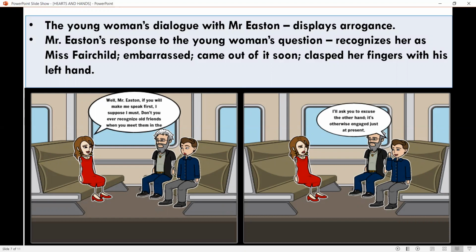But the next moment itself, he just shed it off. He threw it off instantly and then clasped her fingers with his left hand. So he stretched his fingers and held her fingers tightly, with his left hand. Remember that. That should be noted.